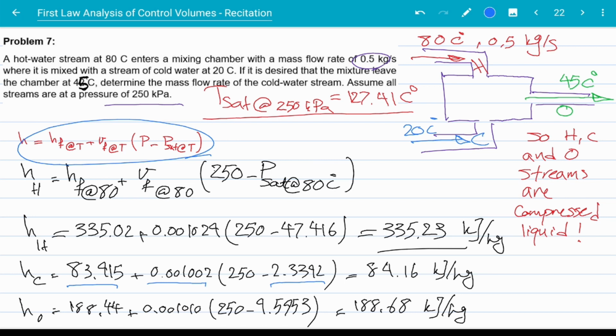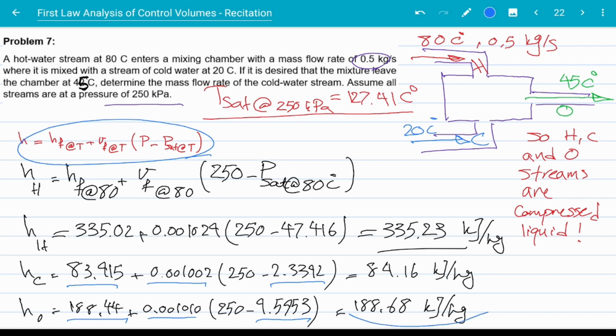For the outlet stream as well, find the enthalpy of the saturated liquid at the temperature of 45, find the specific volume of saturated liquid at 45 degrees Celsius, and then find the saturation pressure for the temperature of 45 degrees Celsius. And then plug in everything in these equations and find the enthalpies.